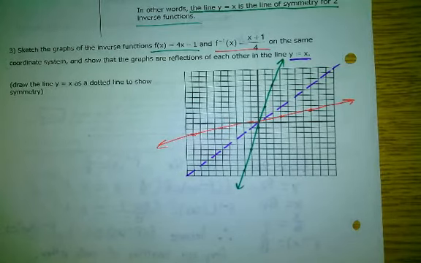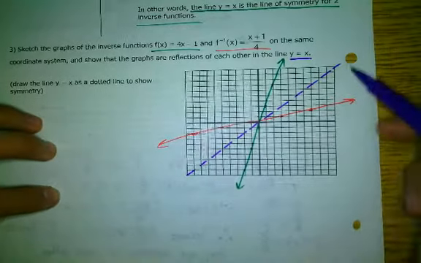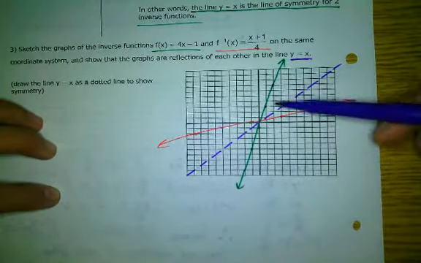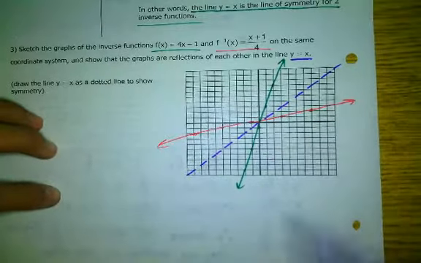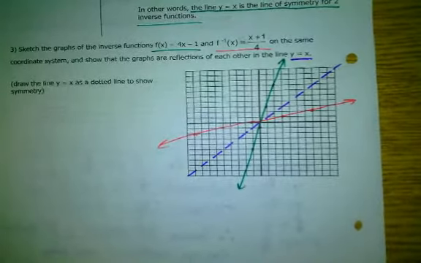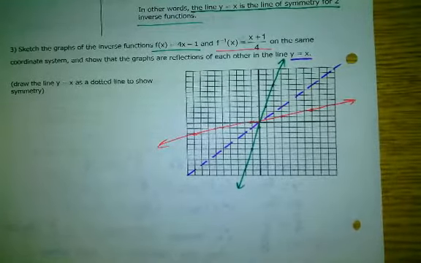If that happens, that means that those two functions are inverses of each other. Cool? That's all that it means. So now you know how to find inverses algebraically, and now you know how to use a graph to figure out if two functions are inverses of each other. Okay?